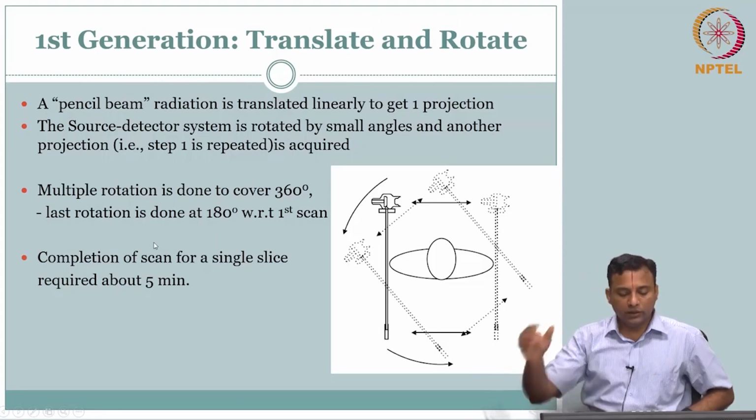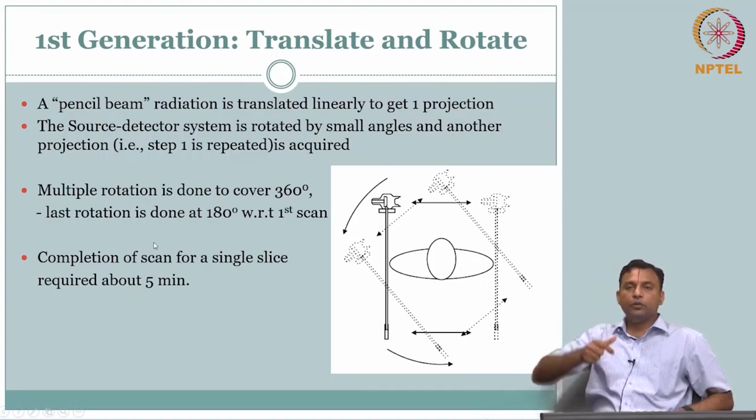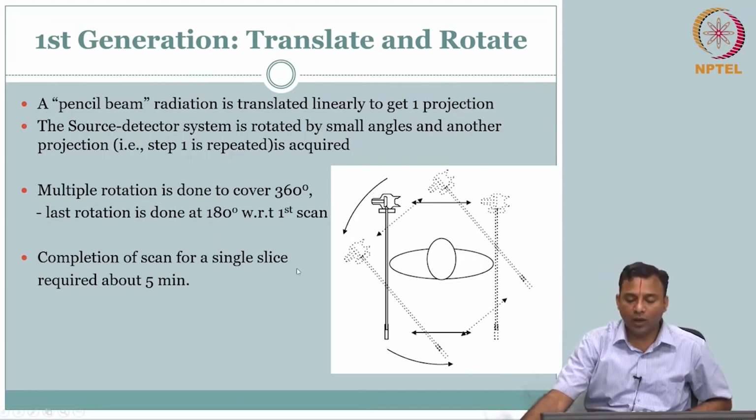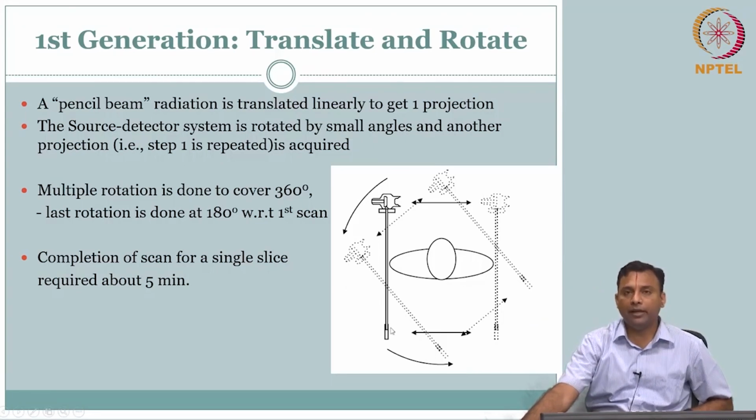So the good news about this is the image quality. Because you do not have a collimator, scattering is not an issue. You just send one beam, there is no scattering that you have to worry about, and therefore this is simple and straightforward. The detection is also reasonable.